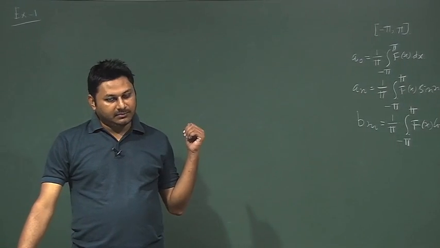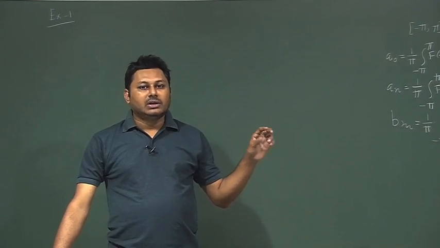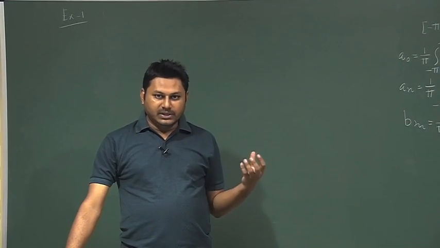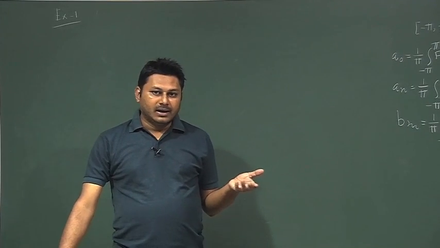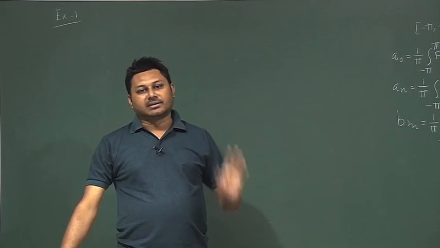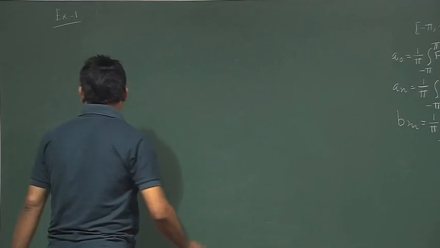Then this is the process you should follow: you write the function, you calculate the coefficients a0, a and b, because the function is given to you, and once you find that, you just write the entire thing, that is all. So, let us go to the next example.